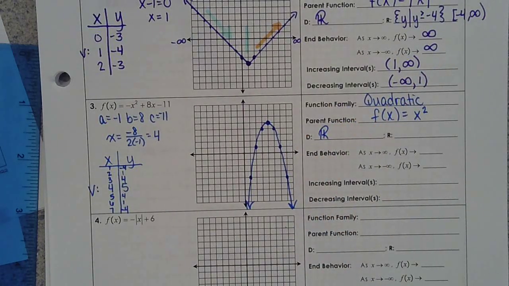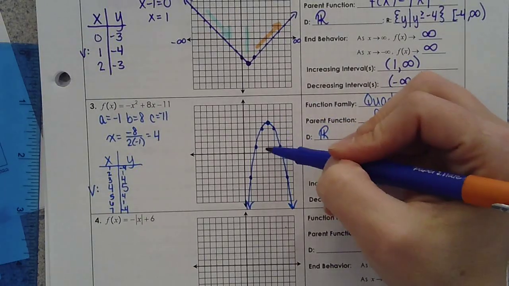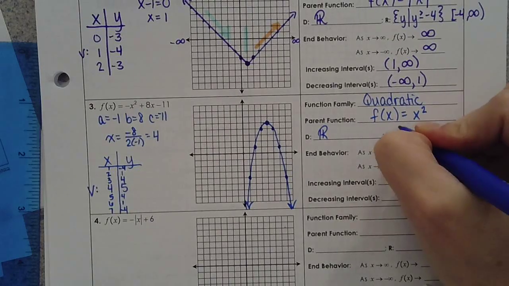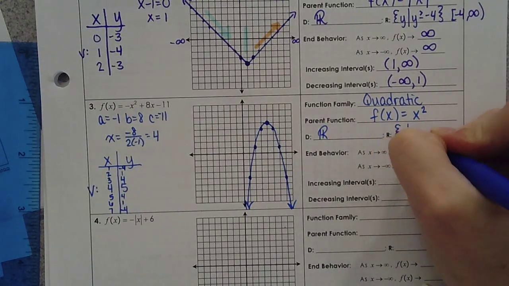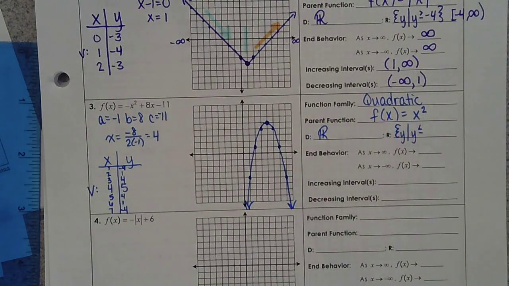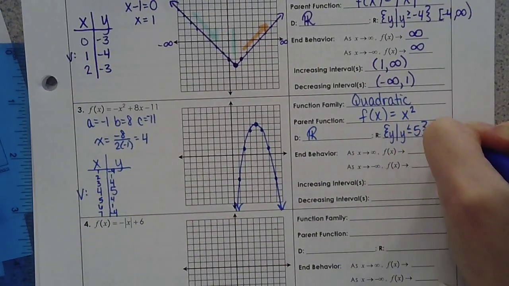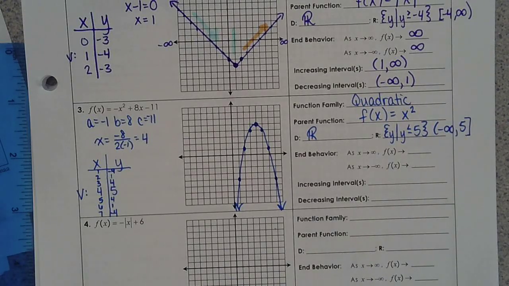My range, everything below the highest point. The highest y value here is 5. So y such that y is less than or equal to 5. Or we could say from -infinity to +5.